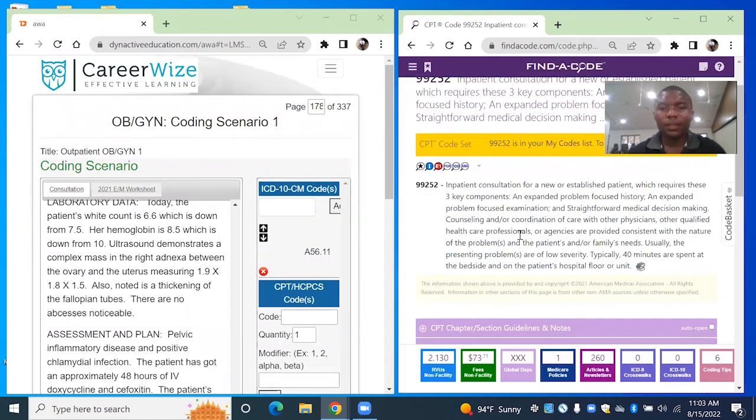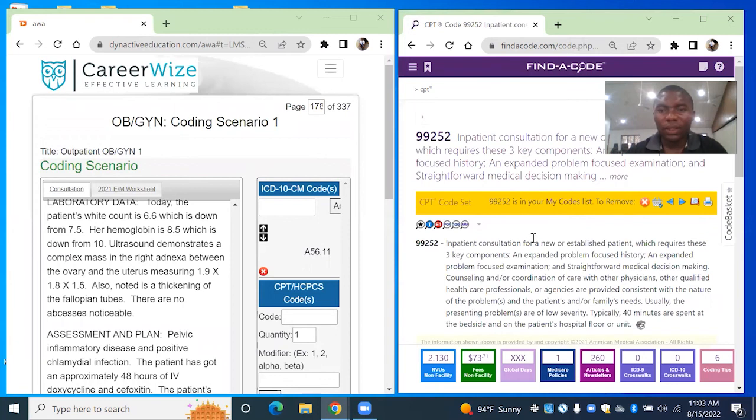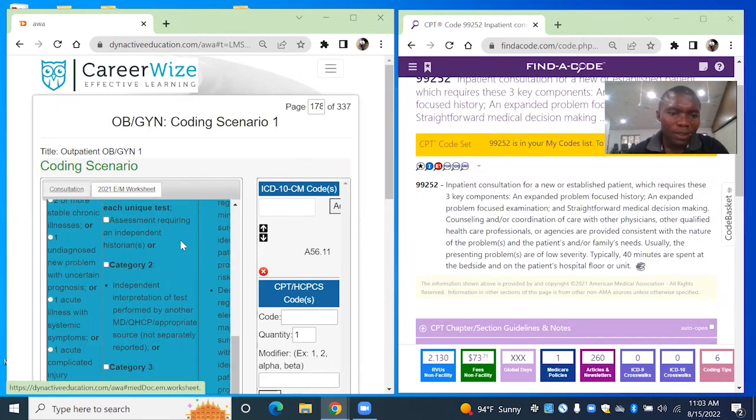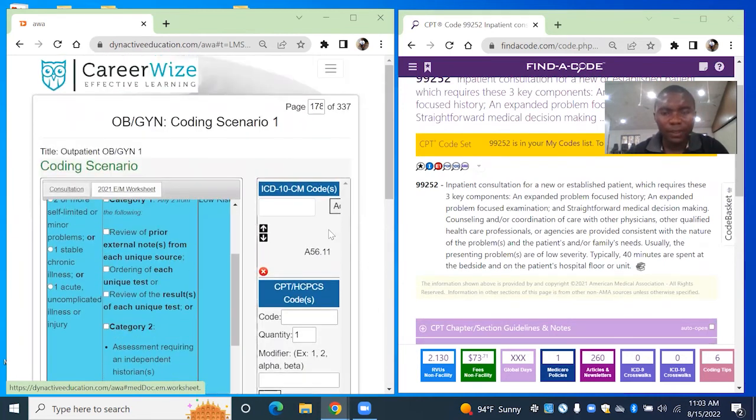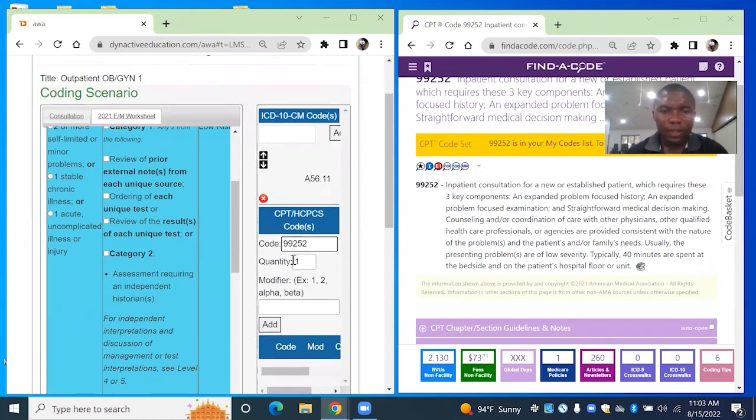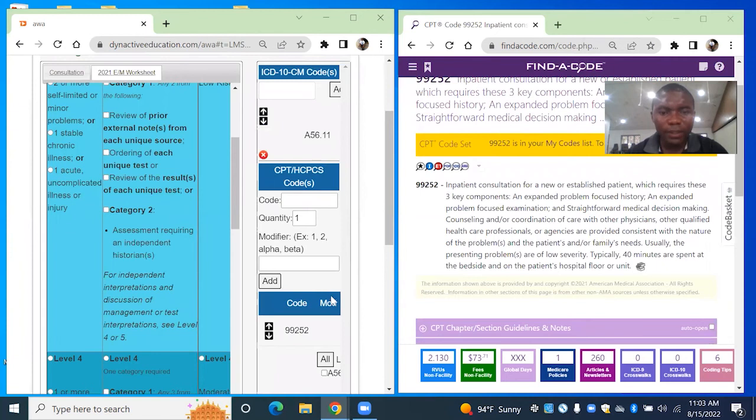It has a straightforward decision making and a problem focus. So remember everything that you learn about medical decision making here and bring it to practice as you code. So here, this is my code, 99252, and I'm going to add it.